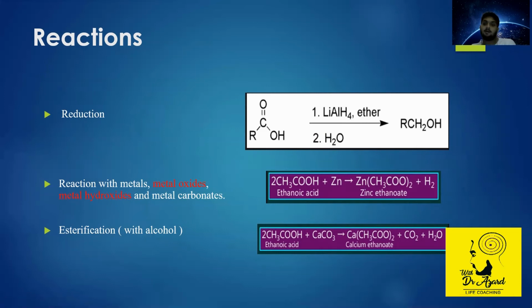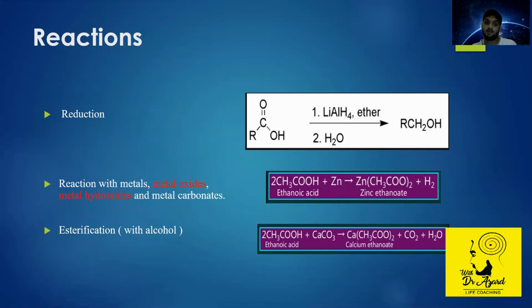The other reaction that we will look into is this. Despite carboxylic acids being weak acids, they are, however, acids. So all the reactions that you knew about acids prior to this also apply to carboxylic acids.